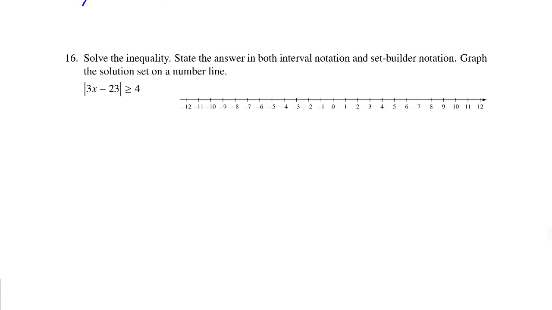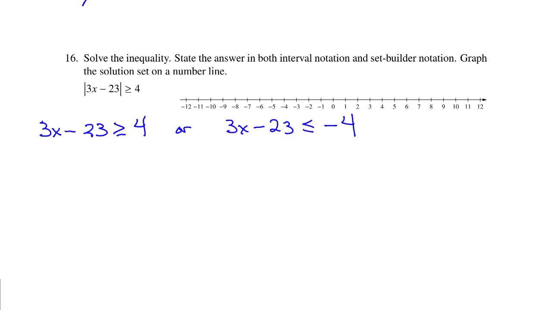Solve the inequality. State the answer in both interval notation. All right. So here for this absolute value inequality, we're going to split off the absolute value, and we're going to have 3x minus 23 is greater than or equal to 4, or 3x minus 23 is less than or equal to the negative version of that number, negative 4.